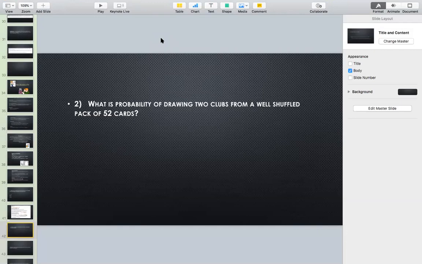In the other, we take the cards one after another. First, let's discuss the scenario when we take the cards simultaneously.